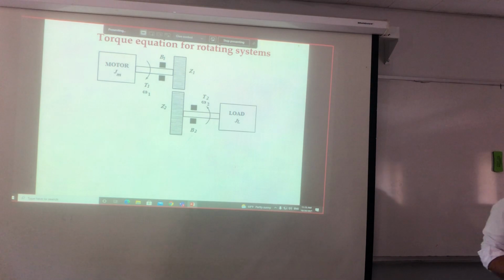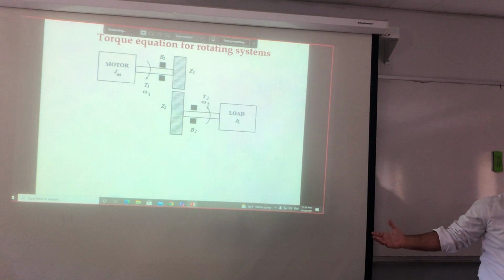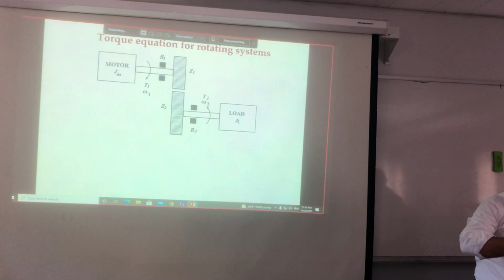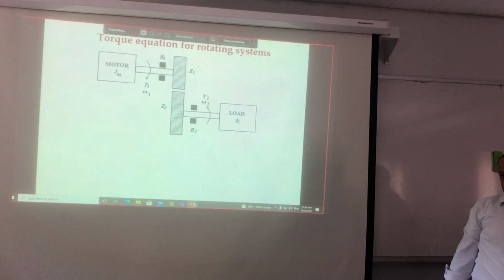Now, as in the transformer, if I neglect the losses, then the input apparent power must equal the output apparent power. Here it's the same, except that it is the active power: the input power and the output power of the gearbox must be the same if I neglect what? The losses.